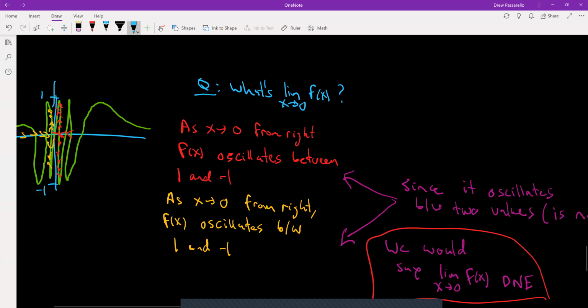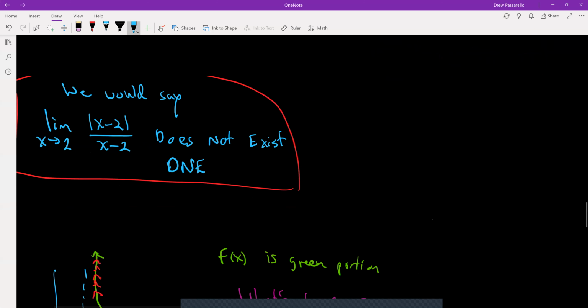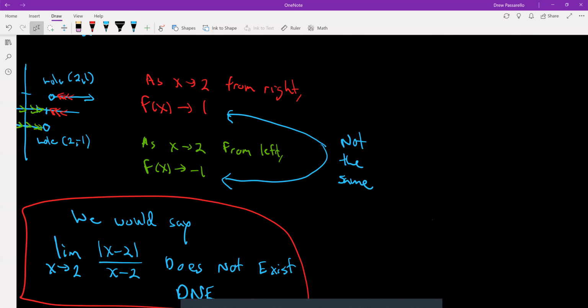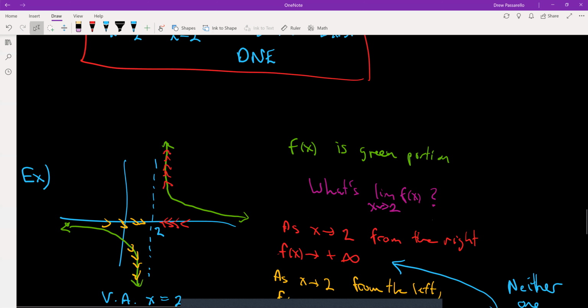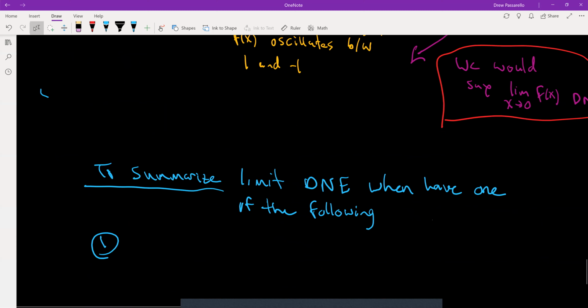Well, one of them dealt with approaching 2 different values from the left side and right side. So like this one, as I approach 2 from the right, it approached 1, approaching 2 from the left, it approaches -1. So there's 2 different values depending on each side.